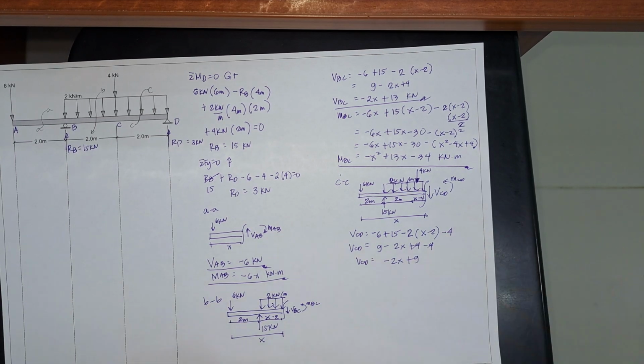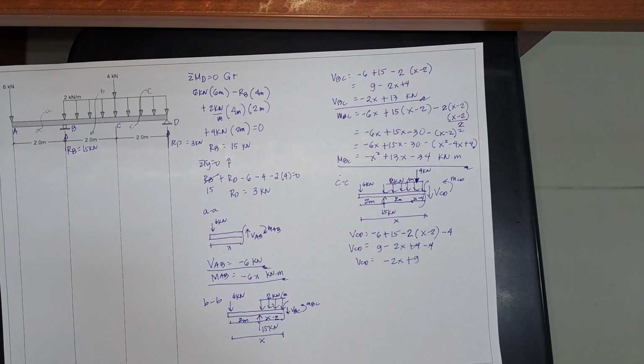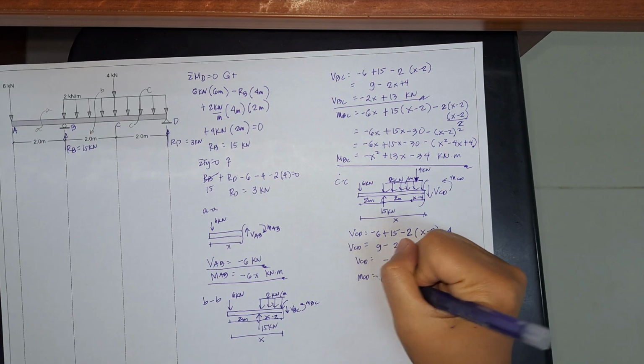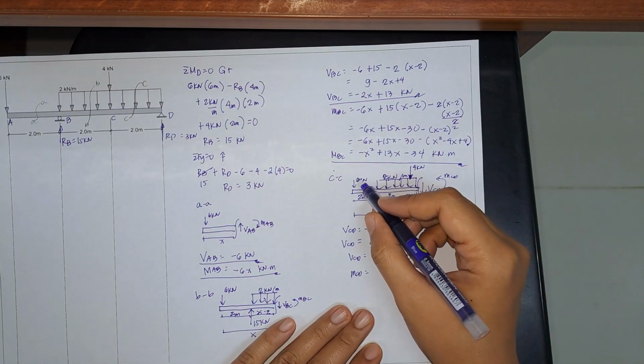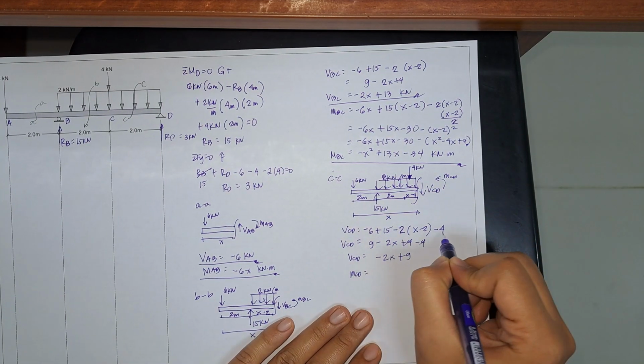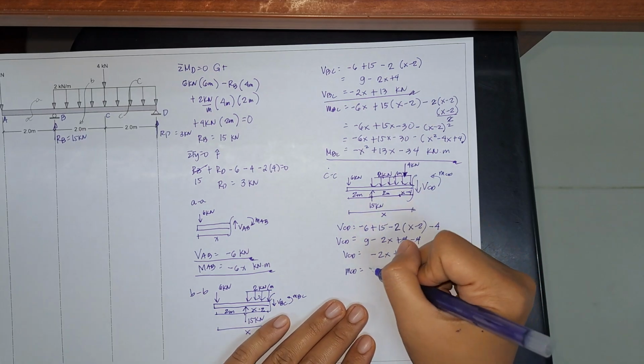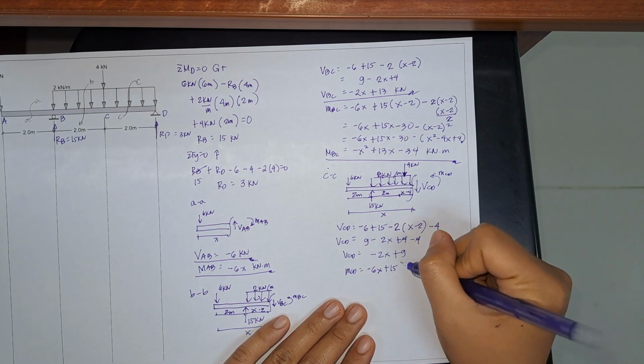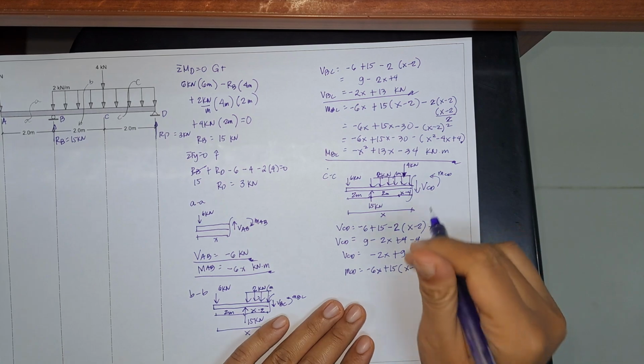And then, for the moment, we have here moment at CD. So, unahin natin to, kopyahin mo lang yan, tapos lagyan mo ng moment arm. So, negative 6, moment arm is x, plus 15, moment arm is x minus 2.